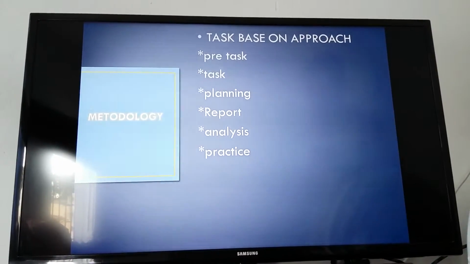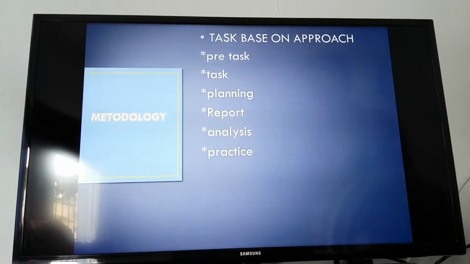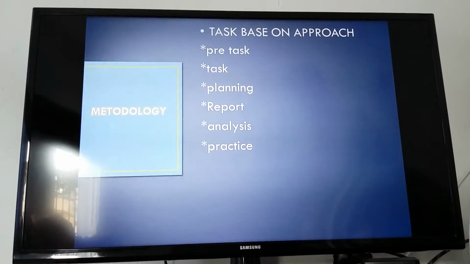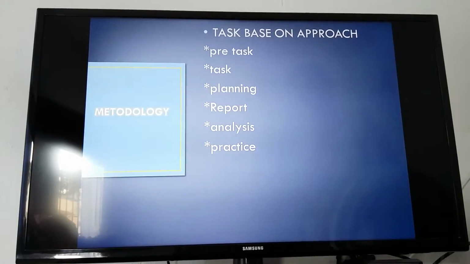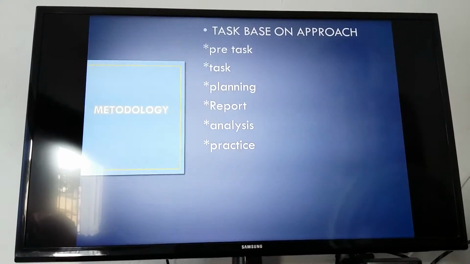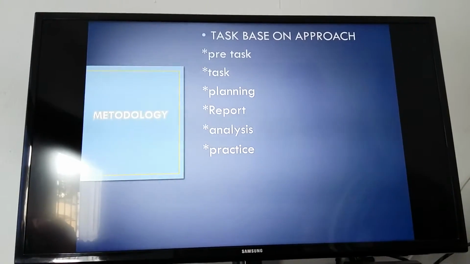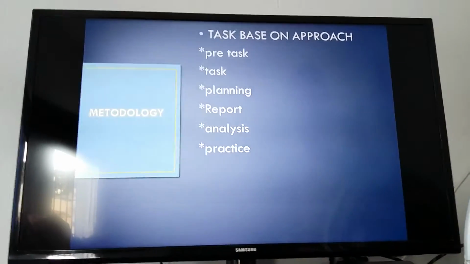In planning, students are going to write their personal description, and after that they are going to read it aloud in order to identify the adjectives that they used during the activity.